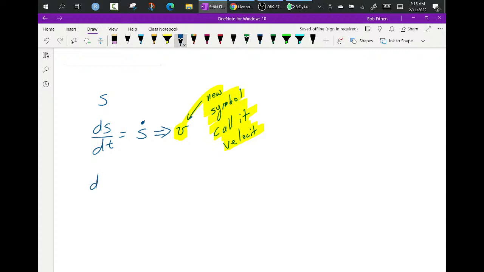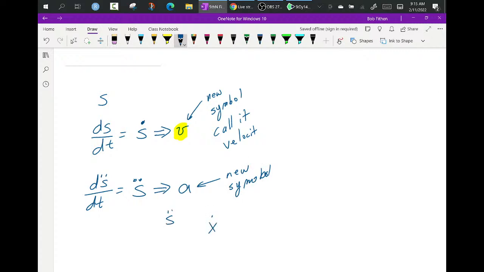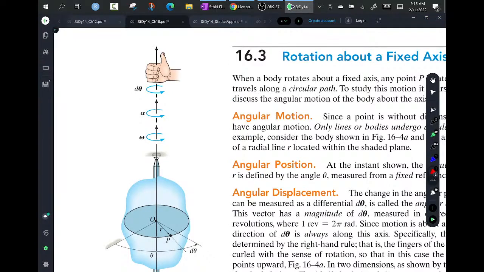Then somebody decided that you could take two derivatives, and they decided we should call it something else, an acceleration. Well, wait a minute. These are not vectors quite yet. So they made up a new symbol here. Otherwise, you'd be writing S double dot or X double dot or Y double dot everywhere. So what they decided is, let's just call it AX and AY. Now, if you look back at the book, you'll find something interesting.